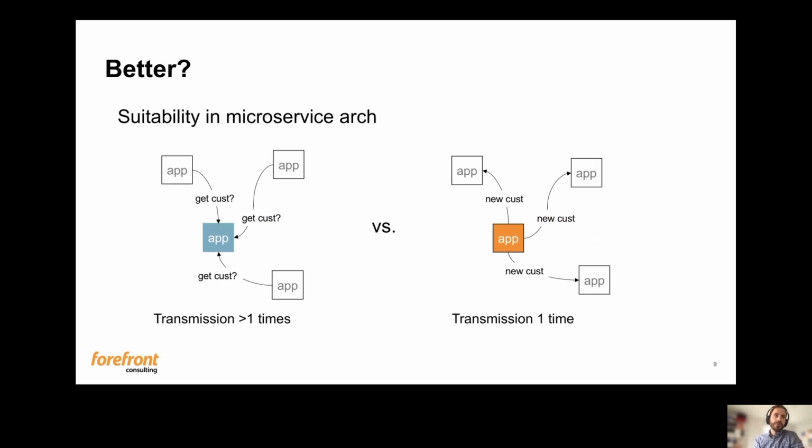And also nowadays, when we build microservice architectures, where each application handles some small part of the domain, applications need to communicate much more often with each other than before.